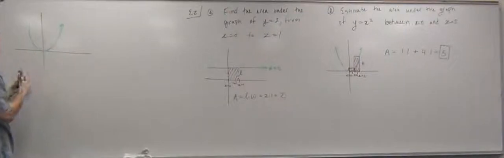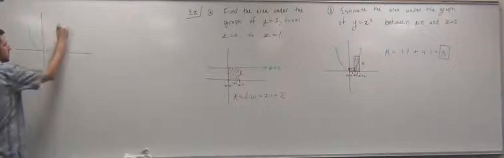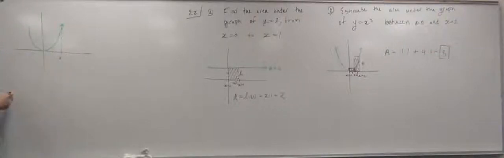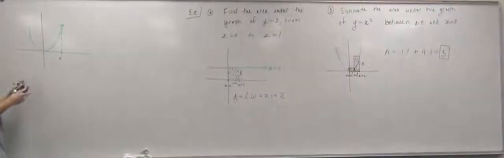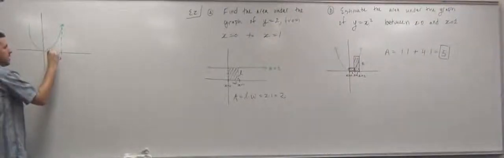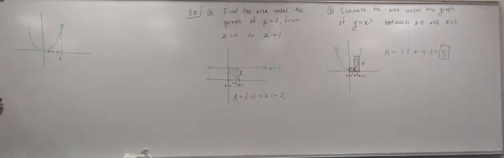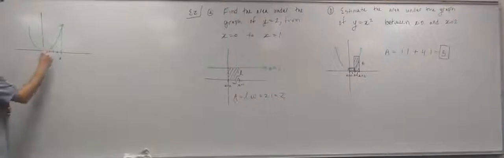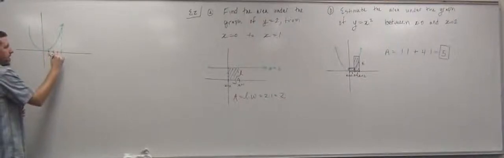So here's 2. Here's where my region stops. So I'm going to calculate the area of this region, figure out a way to estimate it. But instead of using a rectangle that stops at 1, I'm going to break this into 4 different segments and use 4 different rectangles. So I'll stop at 1 half, then 1, then 3 halves.